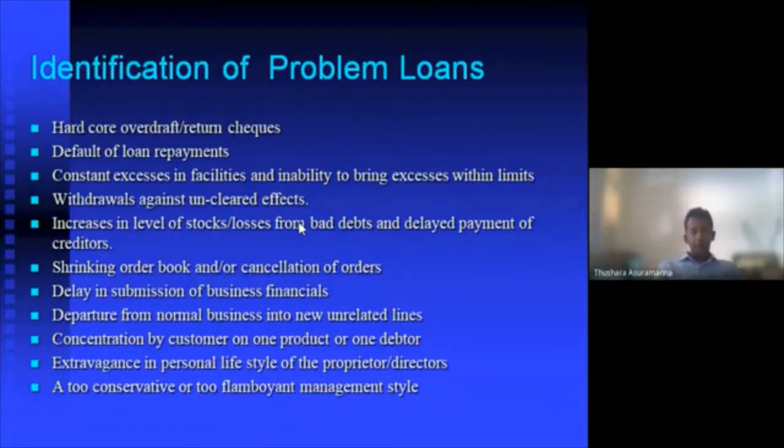Now, if you see these things happening with respect to your customers, you need to be alert. How are you going to find out these things? These things could be found out through the bank database system, and also you can find out this information by visiting and meeting customers. Also, you can get that information from outside sources like gossip, papers.